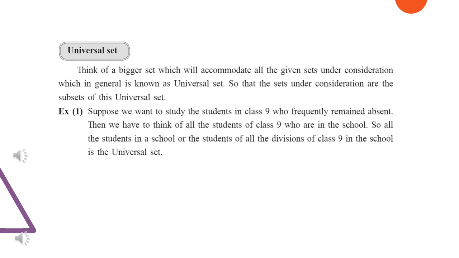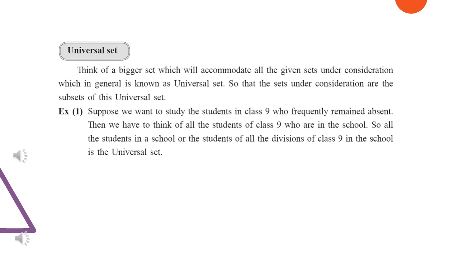So now dear students, let us learn what is a universal set. The word universal itself means which includes everyone or everything. So let us begin. Think of a bigger set which will accommodate all the given sets under consideration, which in general is known as a universal set.